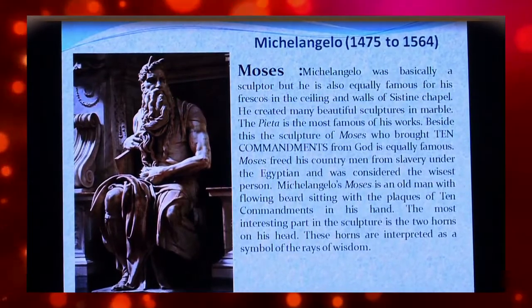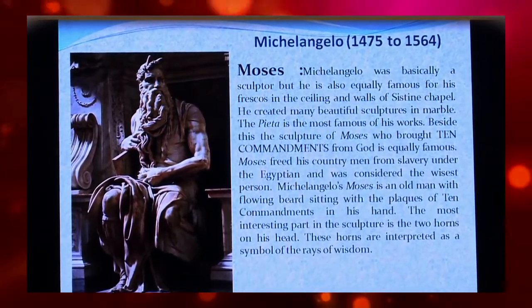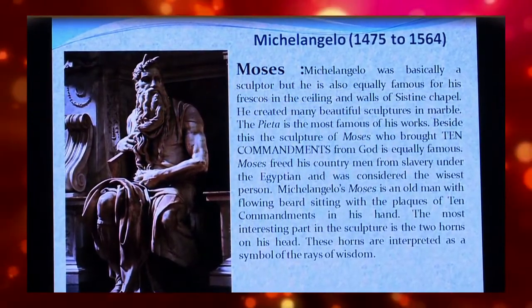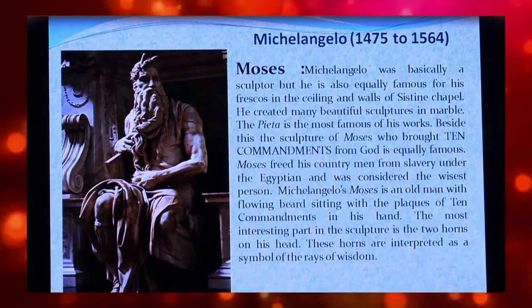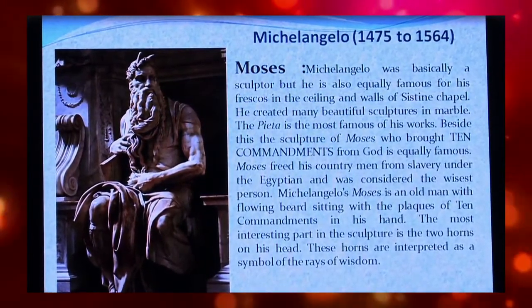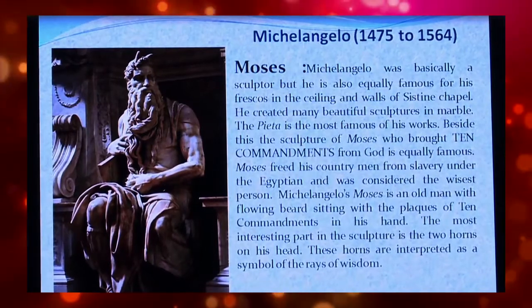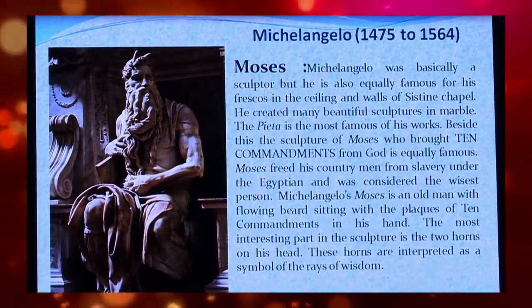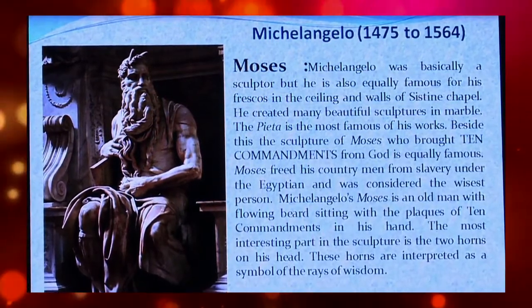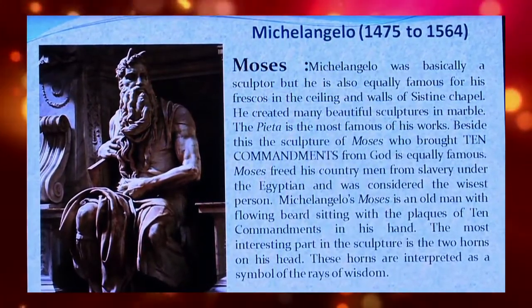Moses freed his countrymen from slavery under the Egyptians and was considered the wisest person. Michelangelo's Moses is an old man with a flowing beard sitting with the plaques of the 10 commandments in his hand. The most interesting part in the sculpture is the two horns on his head.